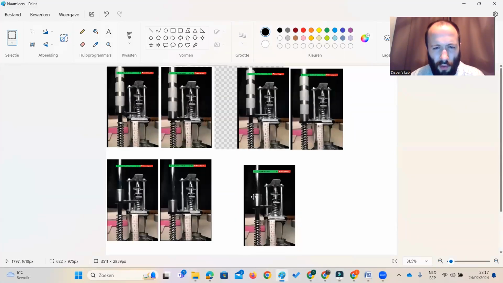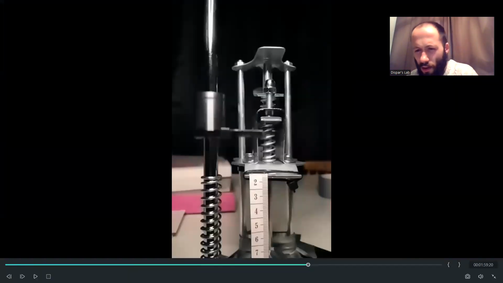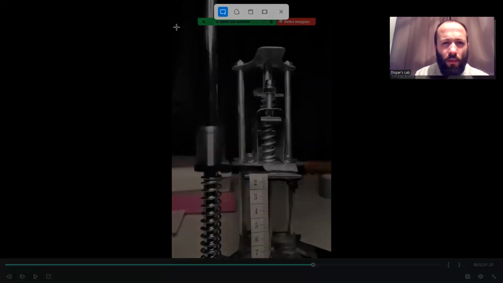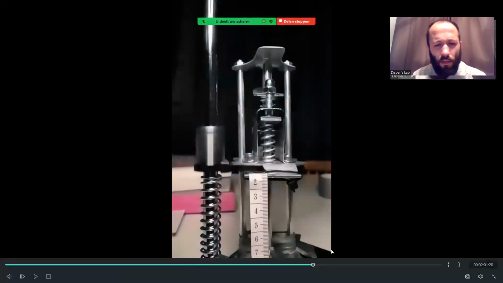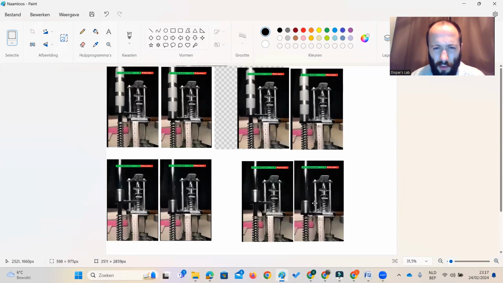And now 201.20, 2 milliseconds later. And now we need a ruler.